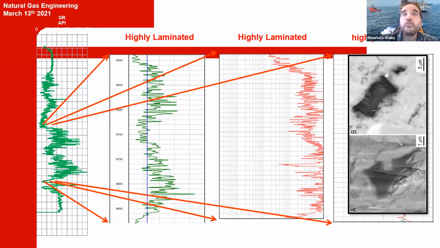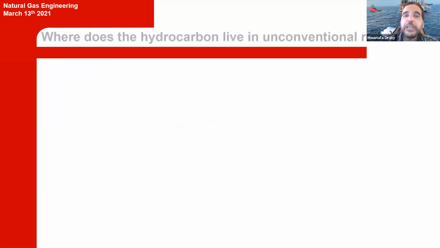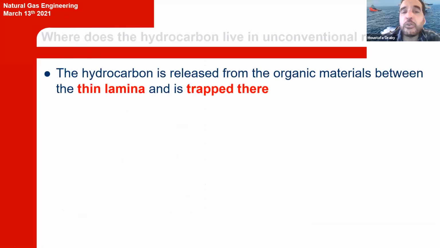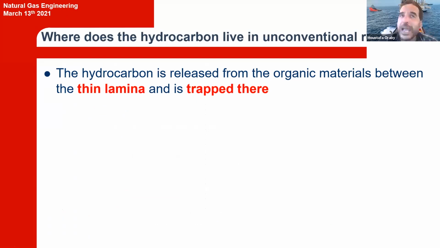It lives between the layers. So the hydrocarbon is created in the source rock and lives between the layers. The hydrocarbon is released from the organic material, lives between the thin lamina, and is trapped there.